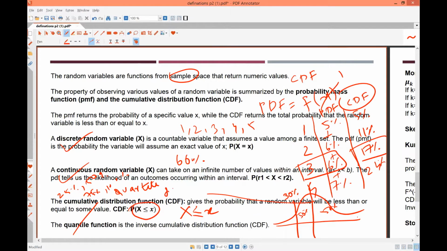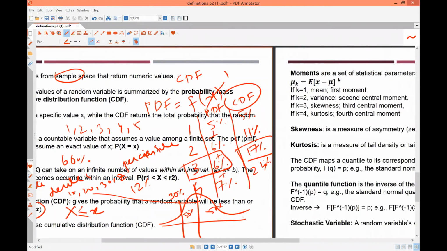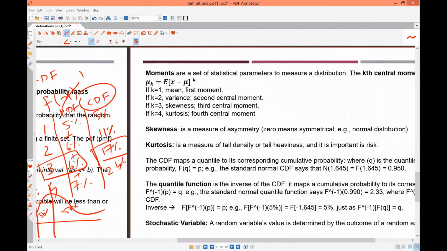Then you have deciles, which means 10, 20, 30, 40, 50, 60, 70, 80, 90, 100. Then you have percentiles, where you can give any percentage for the quantile calculation, so it can be the 12th percentile or the 13th percentile. All of these are referred to as quantiles.